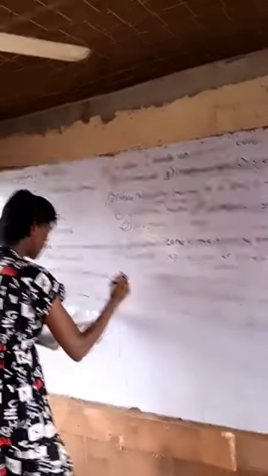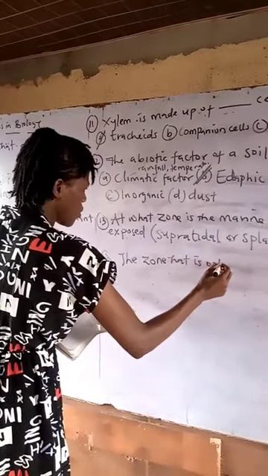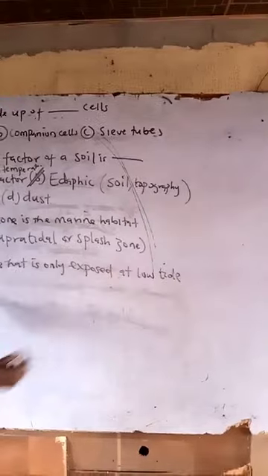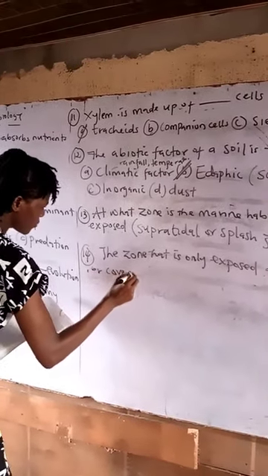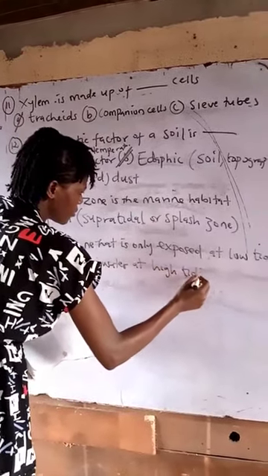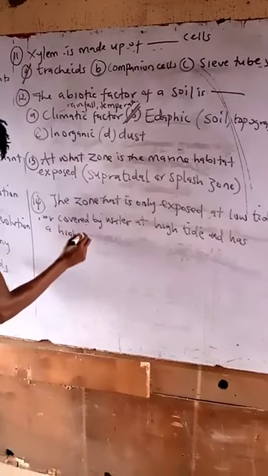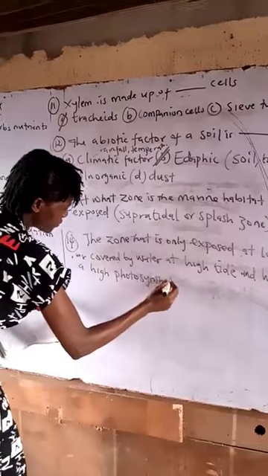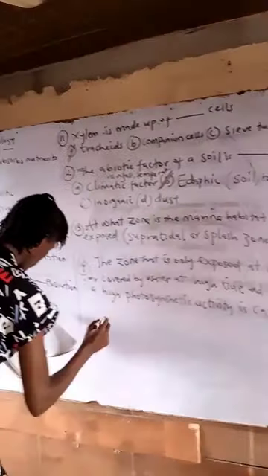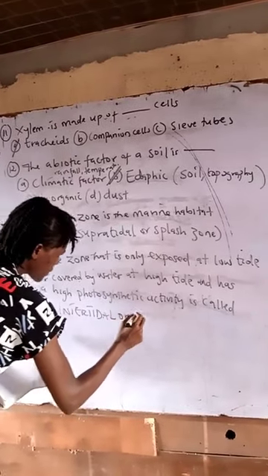The other question says the zone that is only exposed at low tide, or covered by water at high tide, and also has high photosynthetic activities, is called the intertidal, or neritic zone.